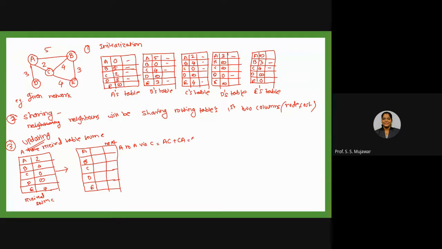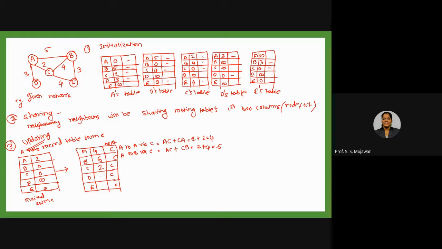So here we'll have the value 2 plus 2, that is 4, through C. The same thing, A to B via C, so I will write AC plus CB. The value is 2 plus 4, that is 6, through C. We are calculating everything through C, right? For C also, the value will be 2.